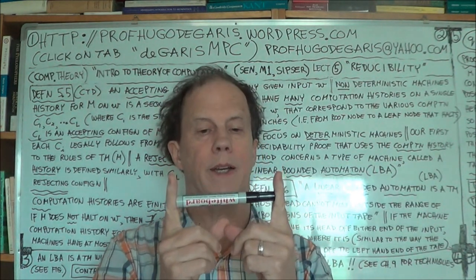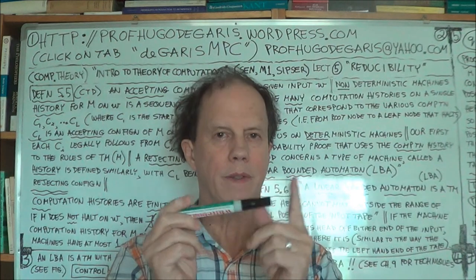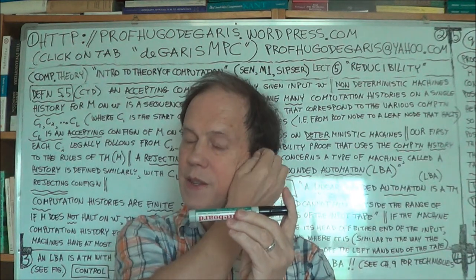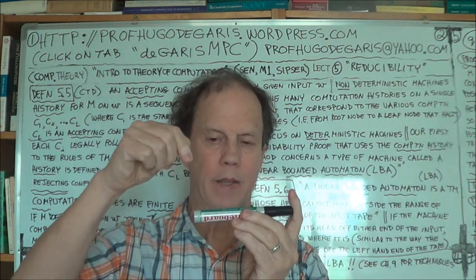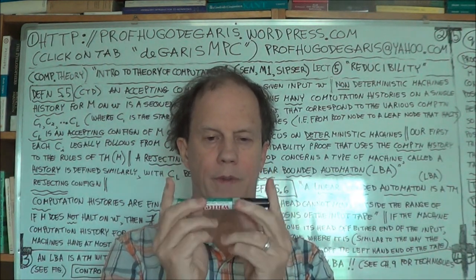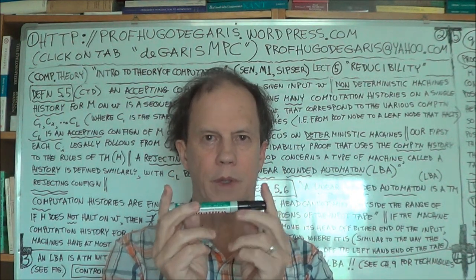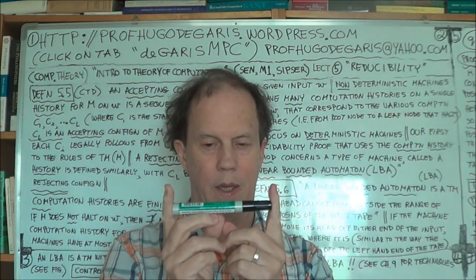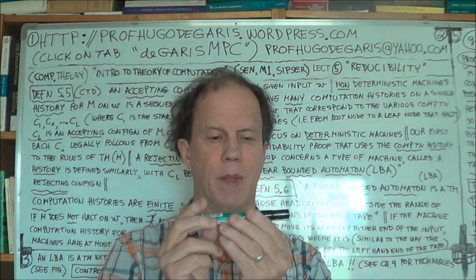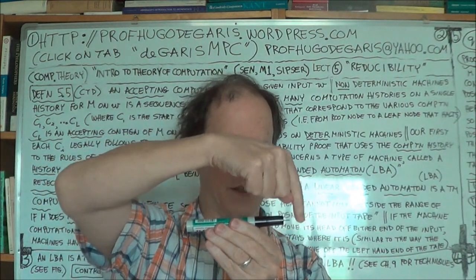All right. Now, an LBA, this variant of a Turing machine, behaves in the following way. Its head is not allowed to move outside the boundary of the size of this tape. So if your initial string that goes into your Turing machine is of length little n, your head is not allowed to go to the left or to the right of this string.